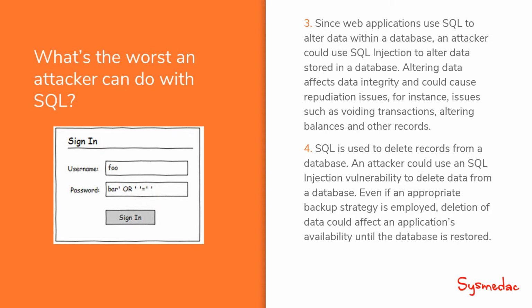But an attacker could use an SQL injection vulnerability to delete data from a database, or even back up your data from the database and also delete the content or change it completely, where it could ruin your web application by using a small SQL injection method. And he can also restore the data with his own credentials, where you can't even access it unless you find the correct remediations.